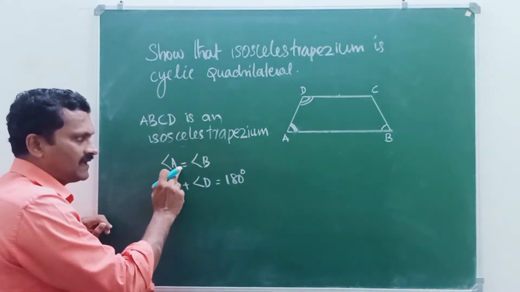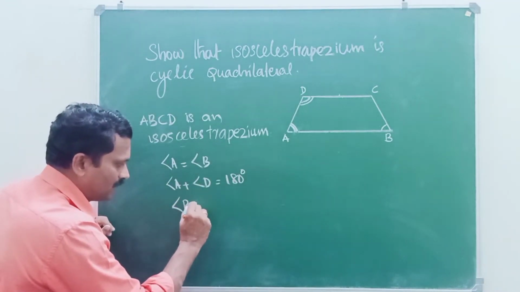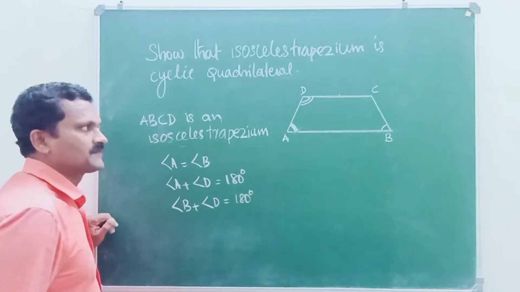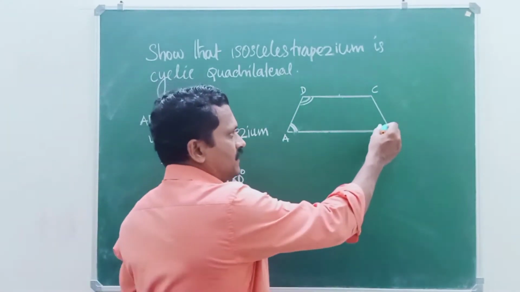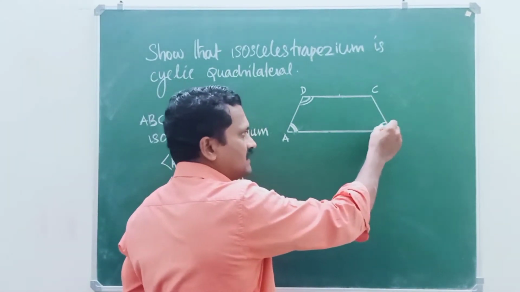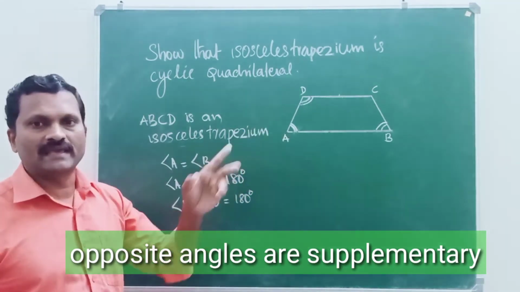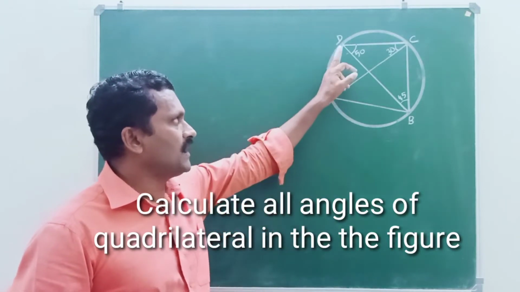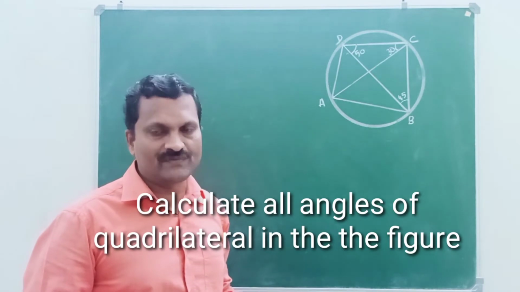Also, A equals B, therefore angle B plus angle D equals 180 degrees. B and D are one pair of opposite angles. That is, opposite angles are supplementary. Therefore, ABCD is cyclic.